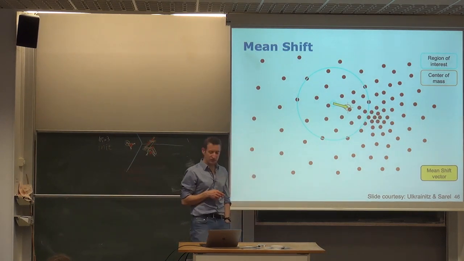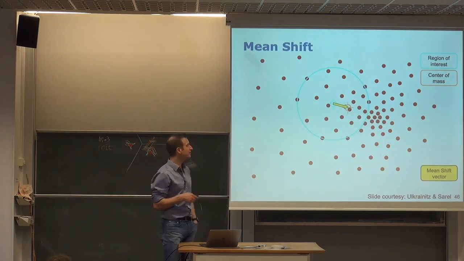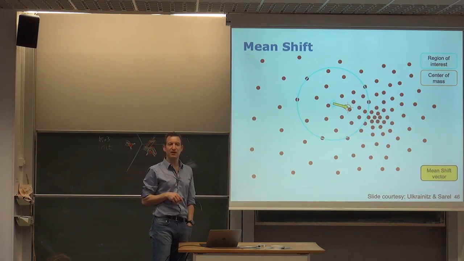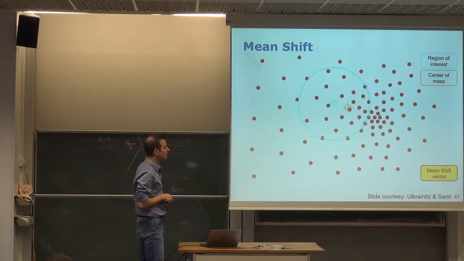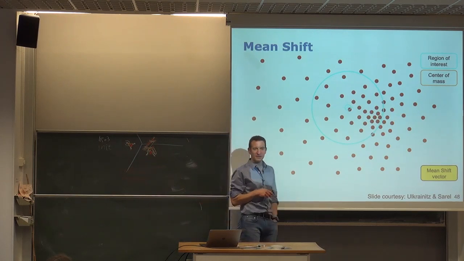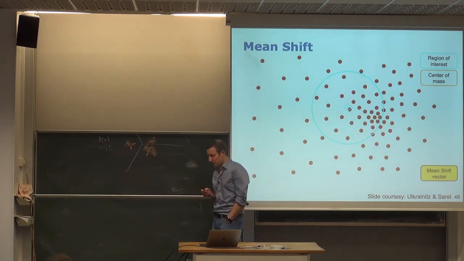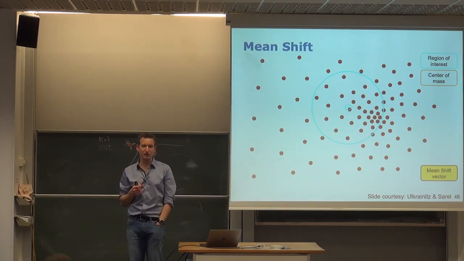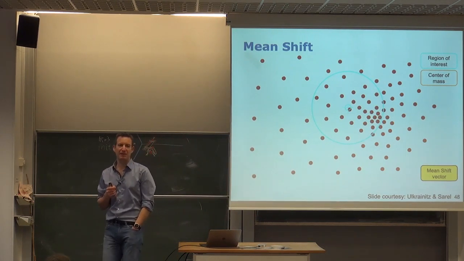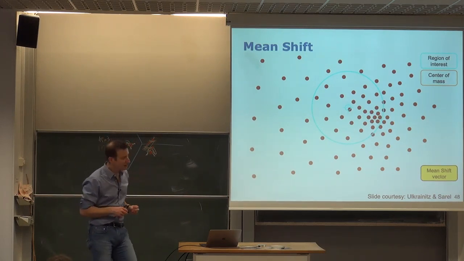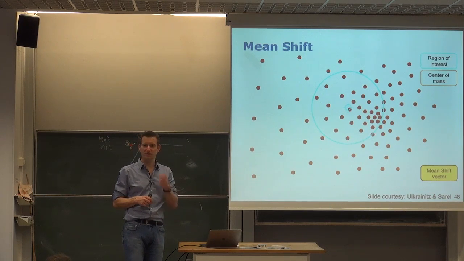This gives me a shift vector and shifts the mean towards the new location of the mean in this area of interest. So from the algorithm, I shift my mean towards the center of mass. This can be seen, in the main example of the mountains, as a few steps uphill. So I look to my local region and say, where is it going upwards? And then I walk in this direction, because the criterion is, where is the density of points increasing?